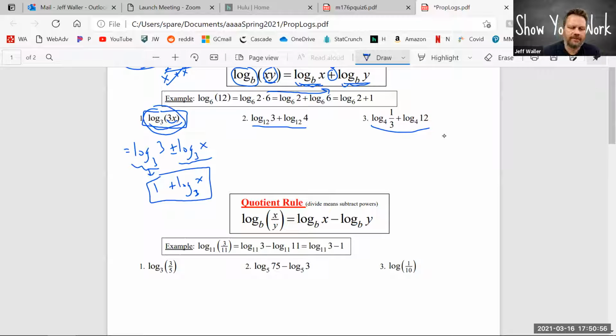Oh, that's okay. Oh, I see what you did. Wait a minute. Why is there a 2 there?